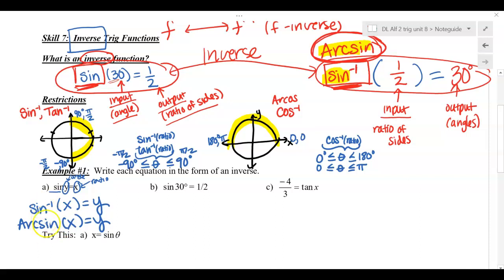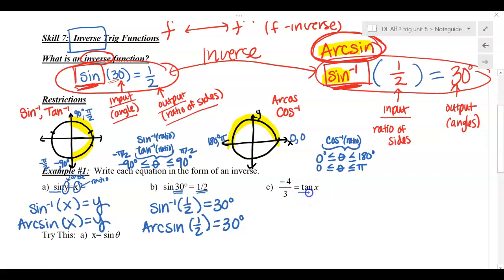And remember, these are just two different ways to write sine inverse. Okay, with some numbers here where you actually see a 30-degree angle and 1/2 like we were talking about previously, this means we would say the inverse sine of 1/2 is equal to 30 degrees, or we could say arc sine of 1/2 is equal to 30 degrees. Okay. Here you see tan x equals -4/3.